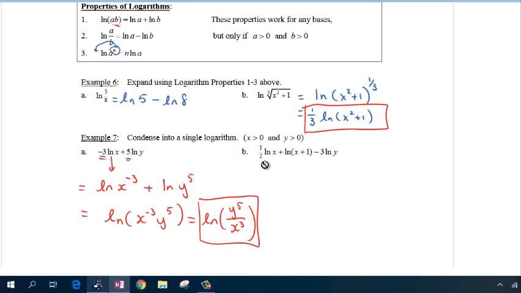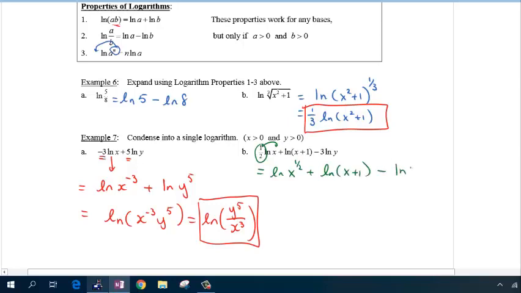Okay. Part B here, once again, that 1/2, let's make it an exponent. That 3, I'll make it an exponent as well. I see the first two as an addition, so that can be combined together to become multiplication.